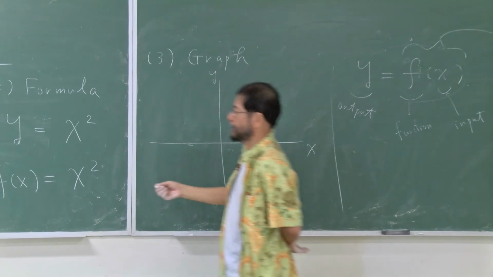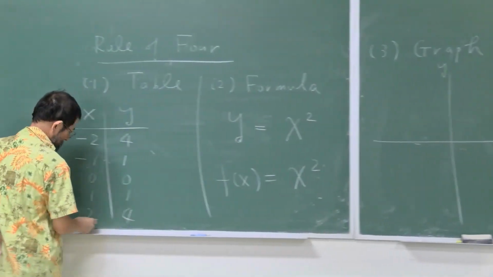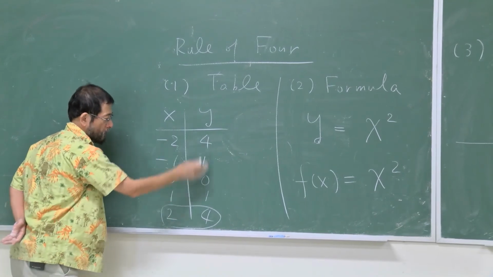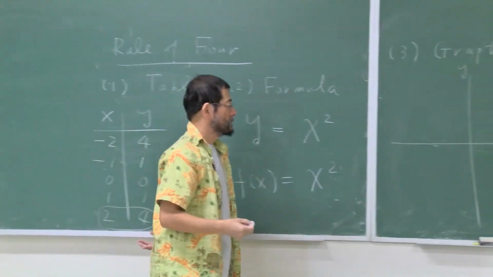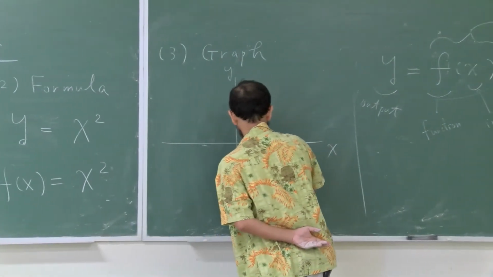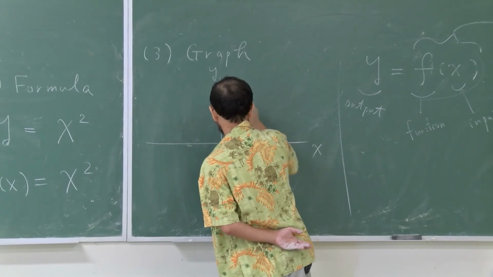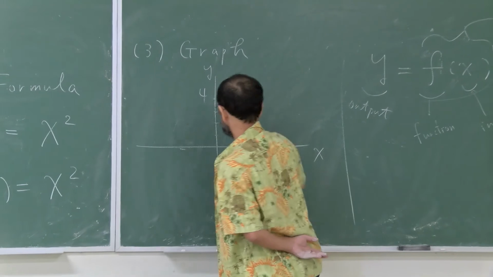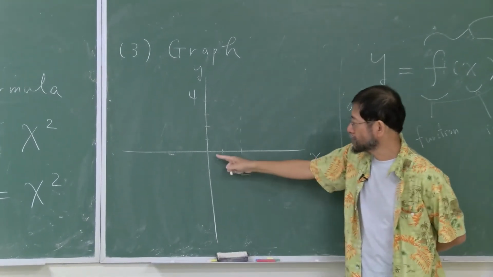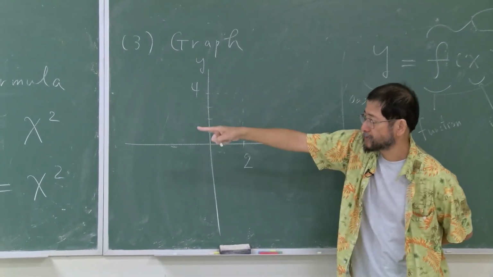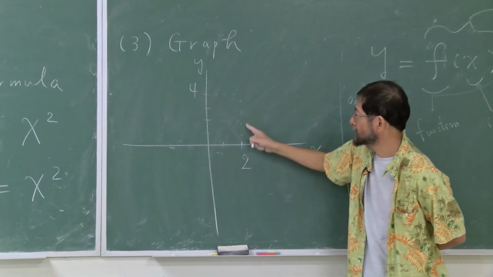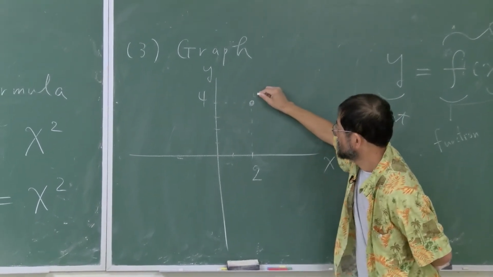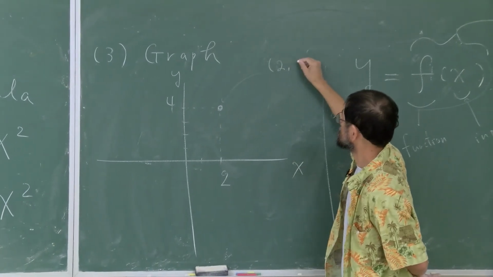For example, take the pair where x is 2 and y is 4. You can plot the point: you move 2 to the right, which corresponds to x equals 2, and then go 4 up. This point is called (2, 4).